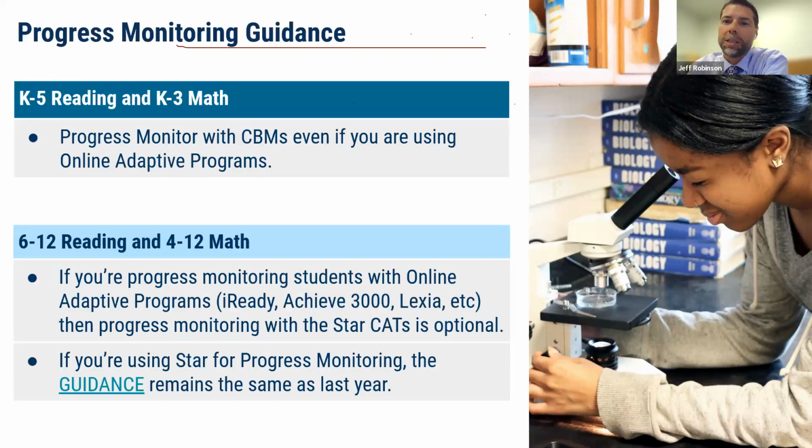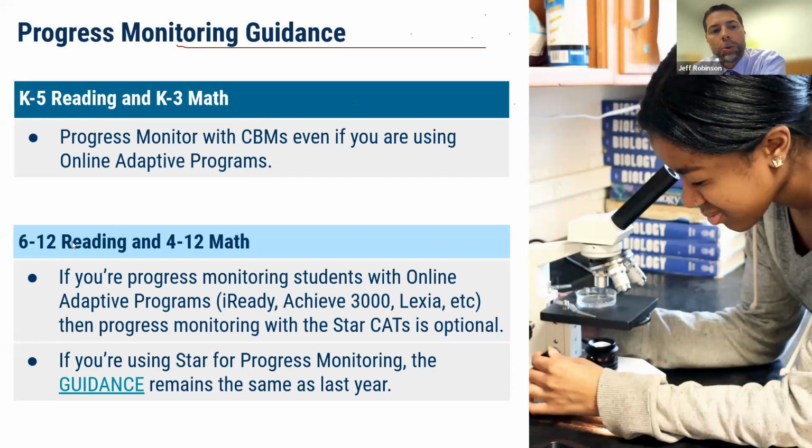Okay, so we did hit this, but just to make sure we're on the same page, when we're talking about progress monitoring for K-5 reading and K-3 math, you should be progress monitoring with the curriculum-based measures, the CBMs. Even if you're using the online adaptive programs, right? So online adaptive programs for intervention, even if you're using those, if you're in these grade bands for these subjects, you're going to want to use STAR CBMs to progress monitor.